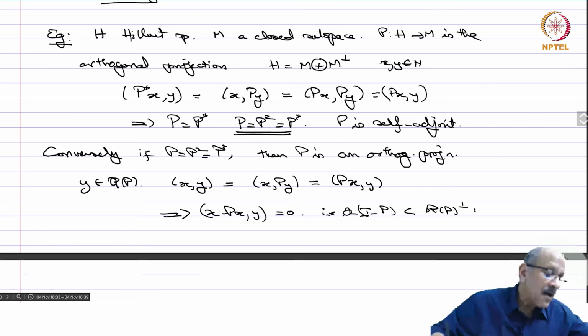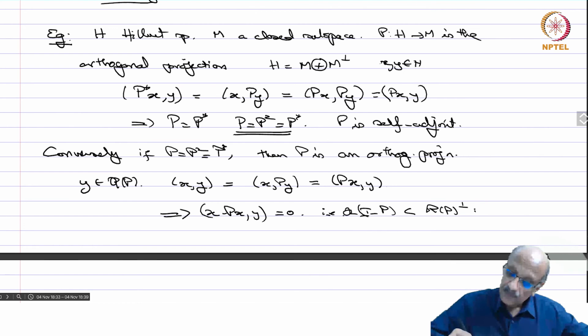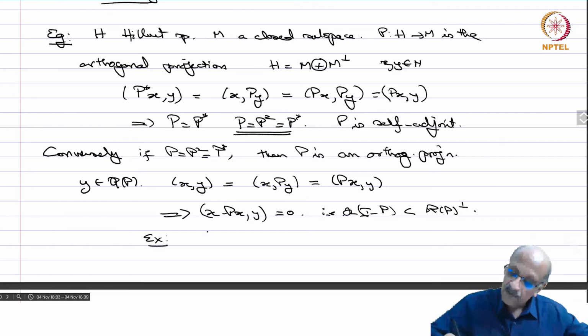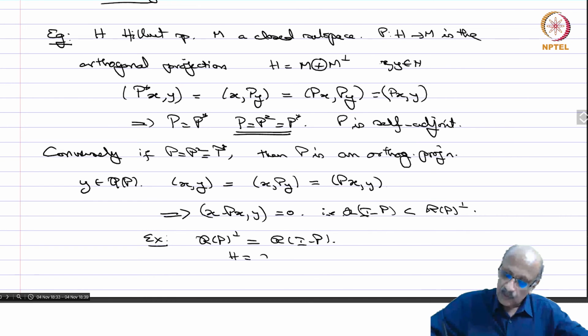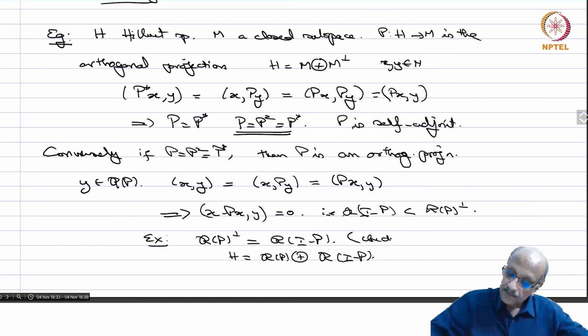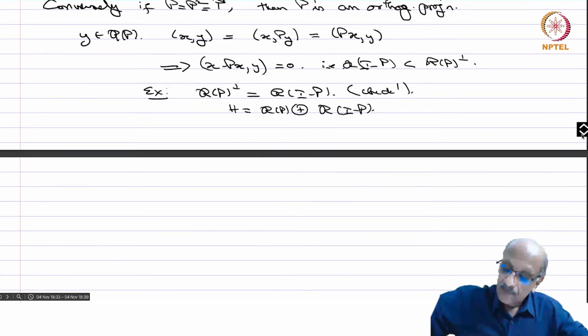Conversely, I leave it as an exercise to you to check that range of P perp is in fact equal to range of I minus P. Therefore H is equal to range of P direct sum range of I minus P, and therefore it is an orthogonal projection.